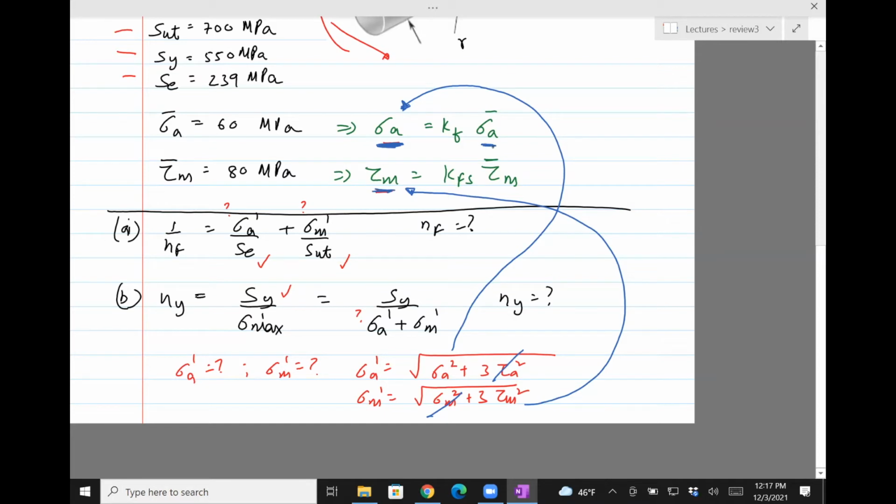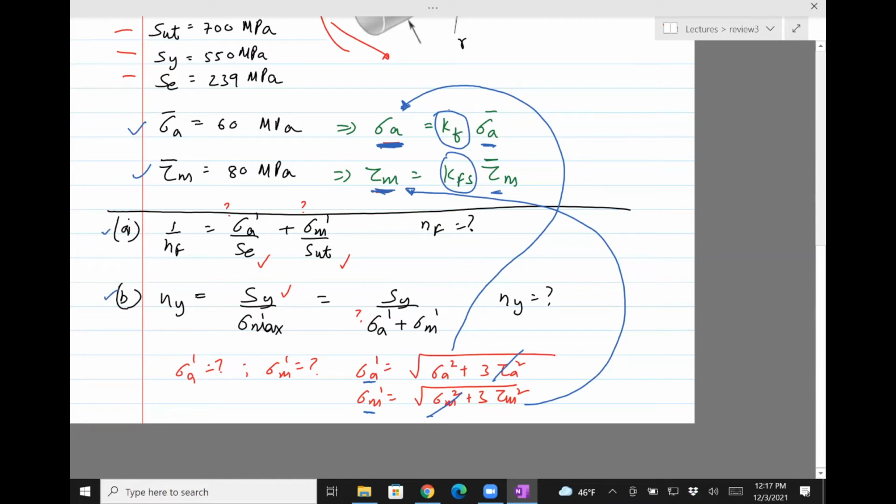We are given sigma A bar and tau M bar. We only need to find the stress concentration factor due to fatigue. Okay, so let's start this way. Let's compute Kf and Kfs, find sigma A and tau M, then find sigma A prime and sigma M prime, and finally we'll find NF and NY.